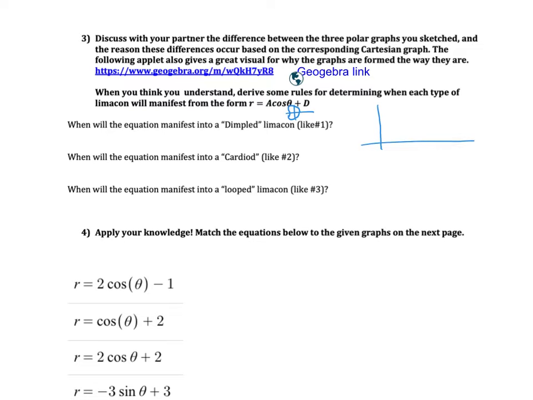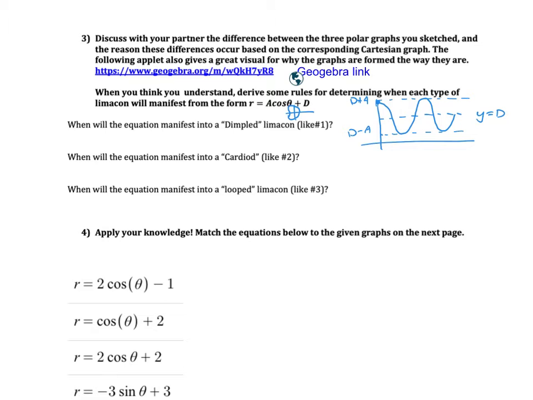So let's say these are our axes, and we're graphing r equals a cosine theta plus d, which means the midline is at y equals d, and then the amplitude means we'll go up a units, so this would be d plus a, and down a units, so this would be d minus a. And if it's a cosine graph, and let's say a is positive, it'll start at a maximum, and we'll have a graph that looks like this.